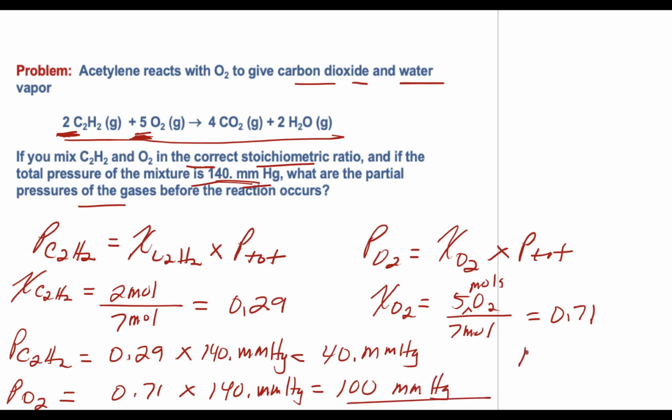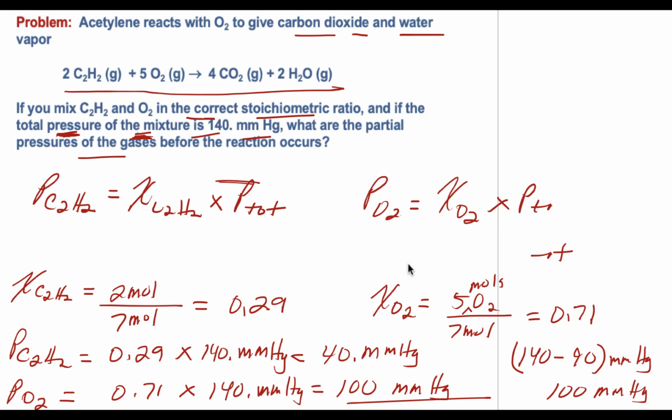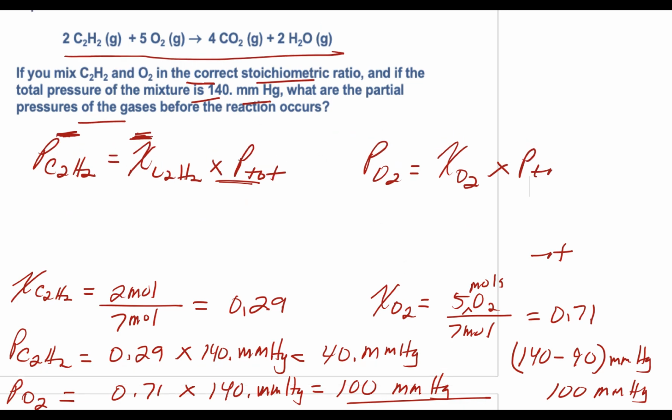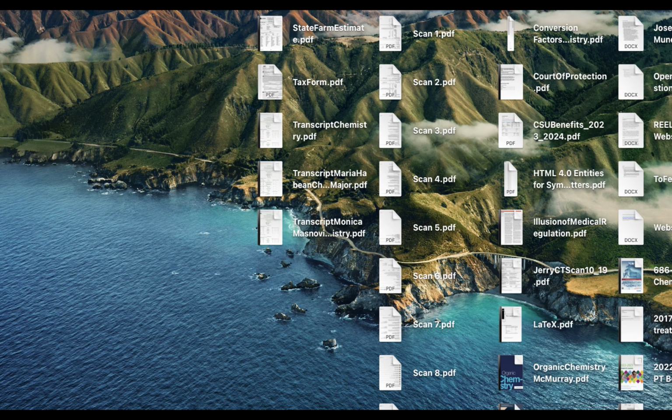Again, I could have just taken the 140 minus the 40 millimeters of mercury, and I would have gotten 100 millimeters of mercury. So partial pressure, that's really important.